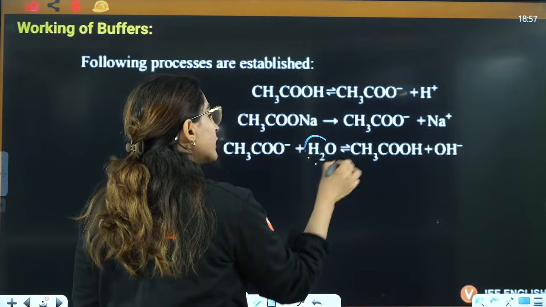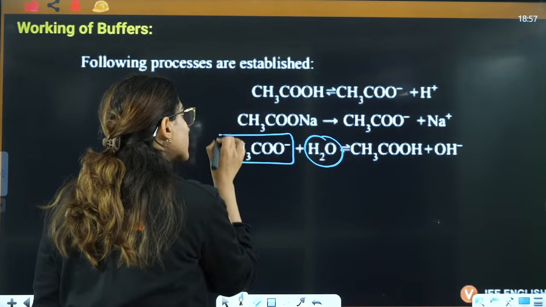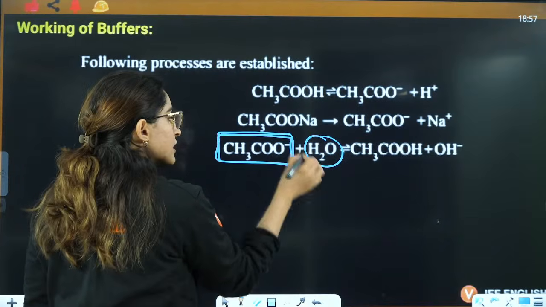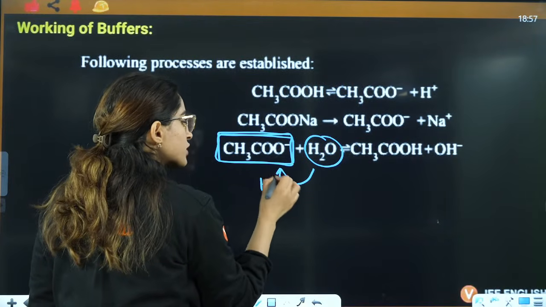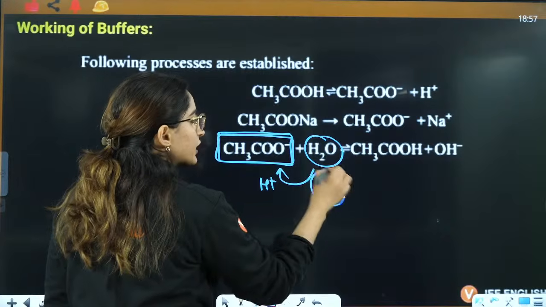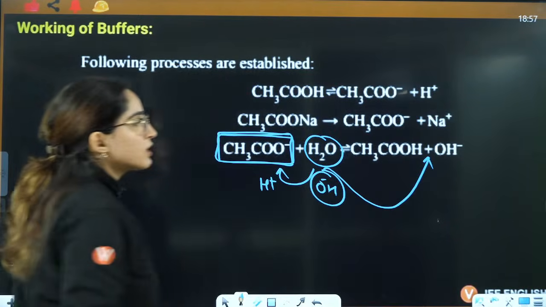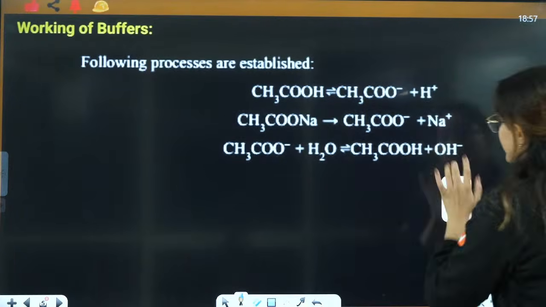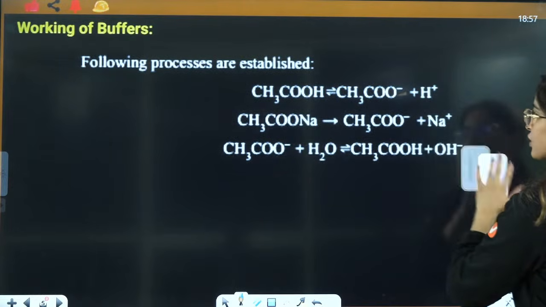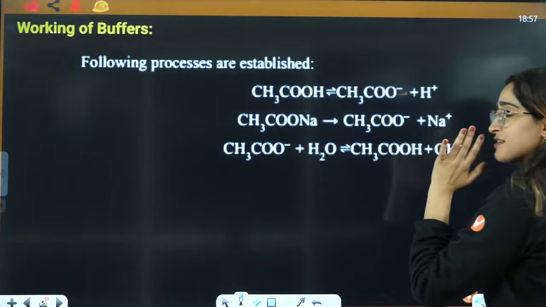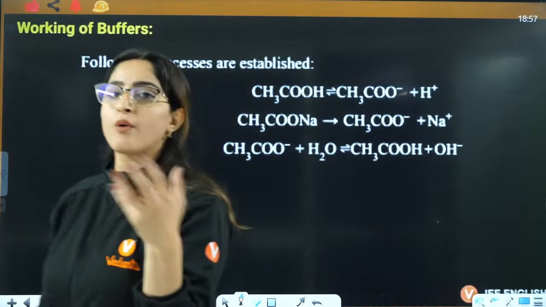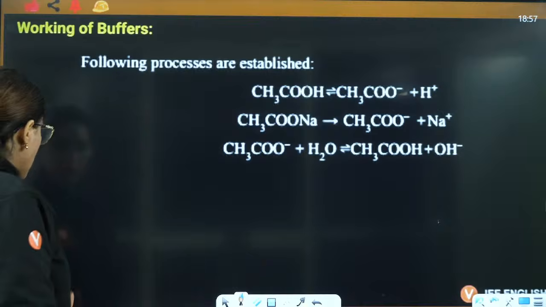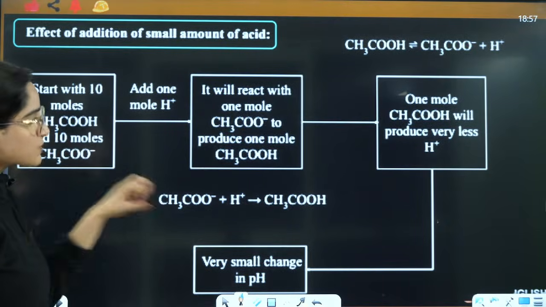When you have added water, this CH3COO negative will accept H positive, and OH negative will be there in the solution itself. Understood? OH negative will be there in the solution because the CH3COO negative has accepted H positive from the water, right?